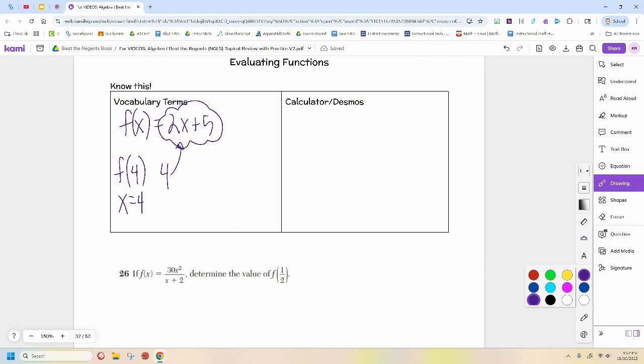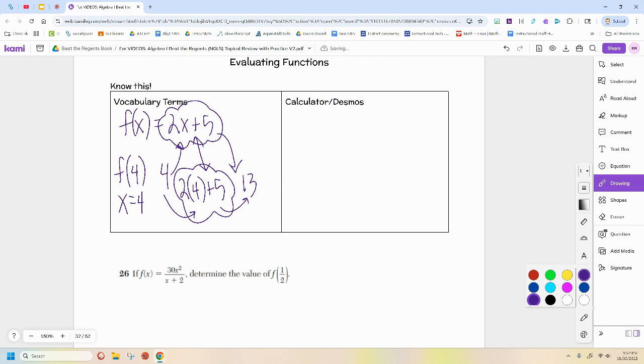And so when we talk about evaluating, it's the answer that it pushes out. Here's the machine with the 4 in it. And 2 times 4 is 8 plus 5 is 13. So into the machine goes a 4, out comes a 13.